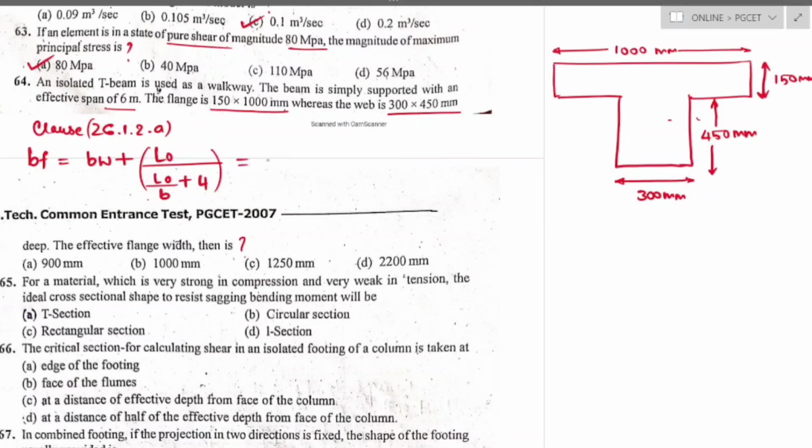So the effective width of the flange is bw, 300 mm, breadth of the web, plus effective span of the isolated T-beam, 6000 mm, that is 6 meter, by 6000 by 1000, that is flange width, plus 4. Now you will get the effective width of the flange is 900 mm. So option A is the right answer.